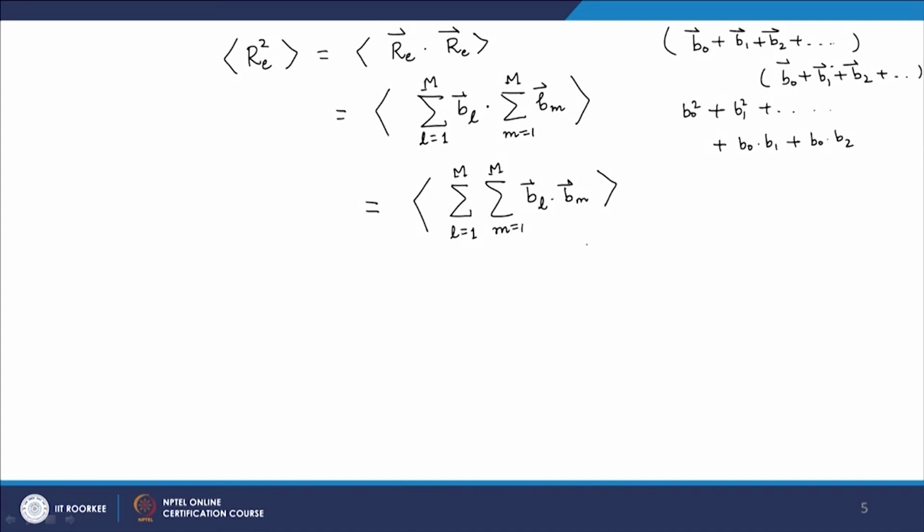So, I can really move this summation to there. Okay. So, again just as I said earlier, I can move summation outside and do the averaging inside.